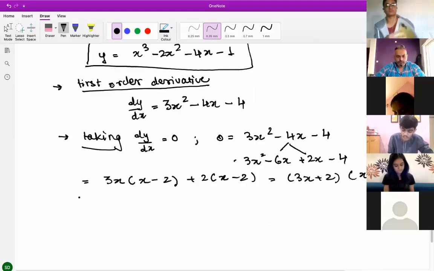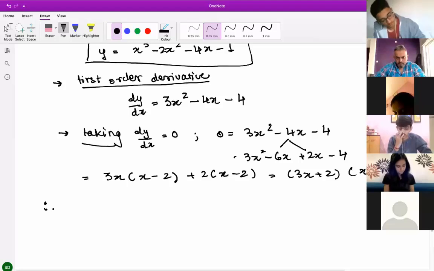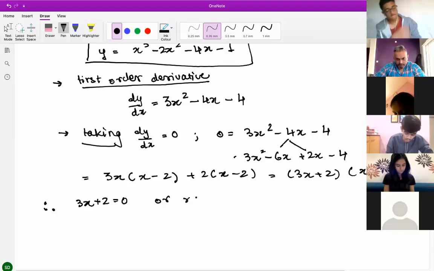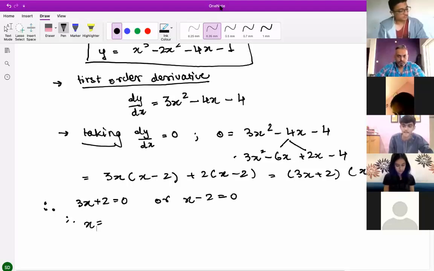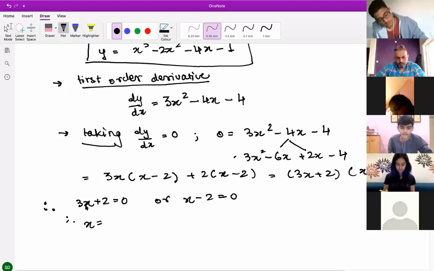So therefore 3x plus 2 is equal to 0 or x minus 2 is equal to 0. Therefore x is equal to, the 2 from 3x plus 2 will come over here, it will become negative.